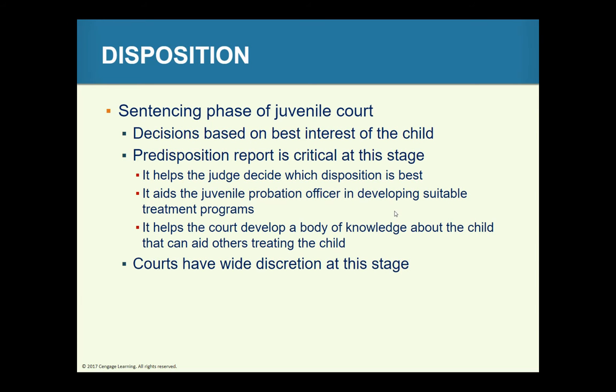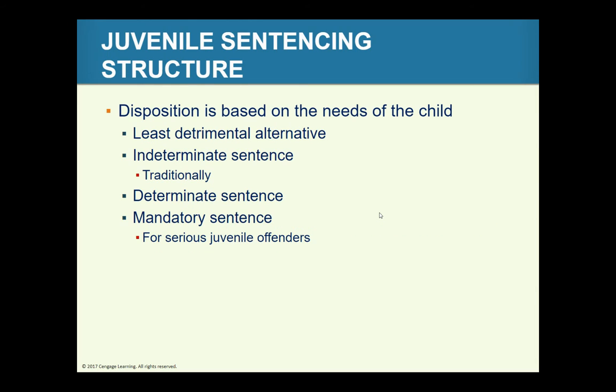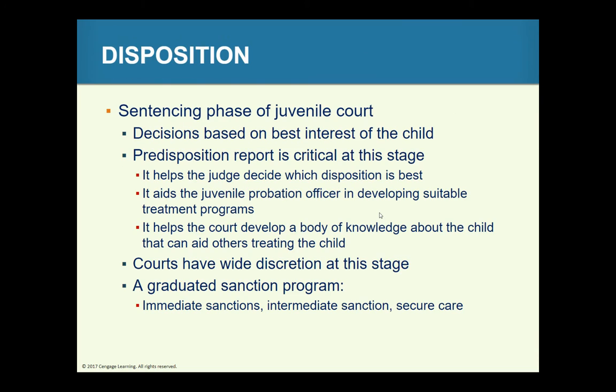There are immediate sanctions, which are for nonviolent offenders, maybe community diversion or day treatment. There are also intermediate sanctions, and these are targeted for repeat minor offenders. And then, of course, secure care, which is reserved for repeat serious offenders and violent offenders as well.